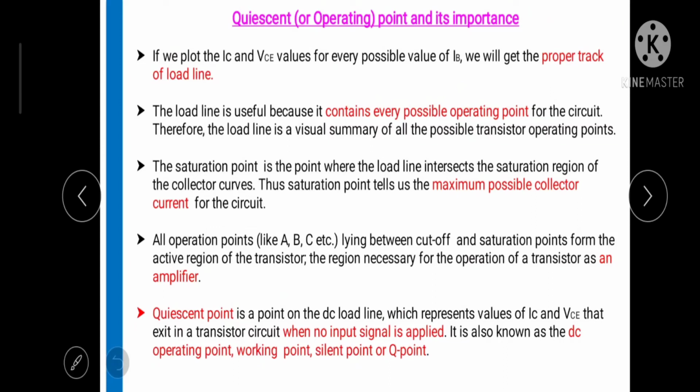The quiescent point is a point on the DC load line which represents the values of IC and VCE that exist in the transistor circuit when no input signal is applied. It is also known as the DC operating point, working point, silent point, Q point or quiescent point.